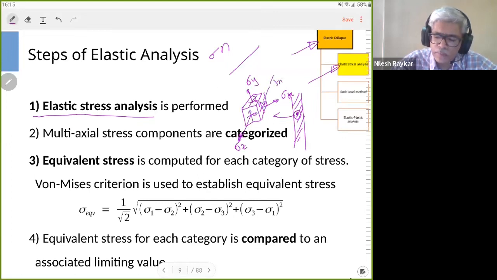So there will be tau xy, tau xz, and so on. So there are 6 stress components at every point of the vessel body.